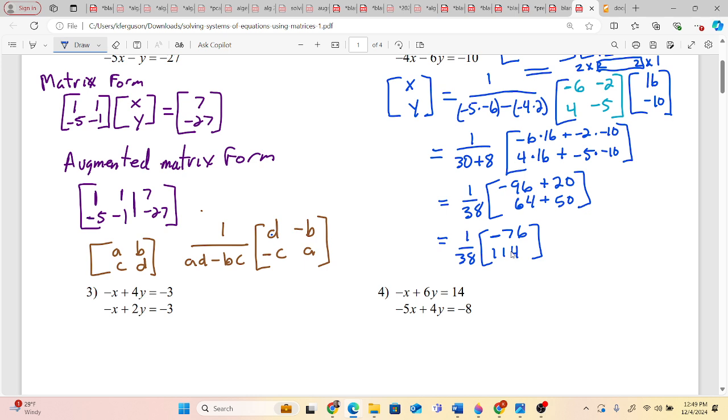Okay, so that's where I am. The next thing I'm going to do is multiply 1 over 38 times a negative 76. Another way to think about it is I'm going to take negative 76 and divide it by 38. That's negative 2. So everybody follow me, or am I talking to myself?